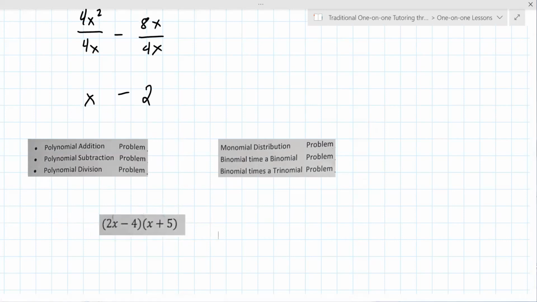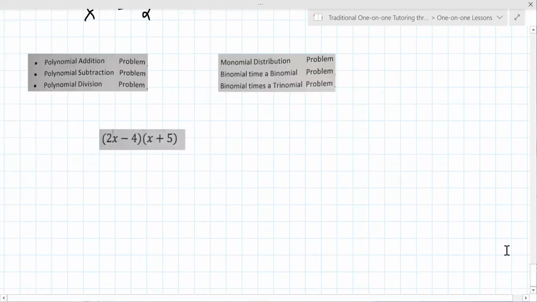I see two polynomials. What's the operator? Start with the operator. Multiplication. Okay. So that means it's no, no, no, maybe. I guess binomial times binomial.